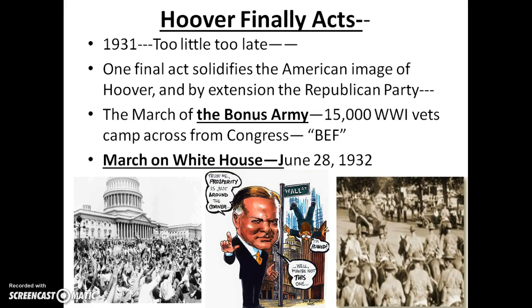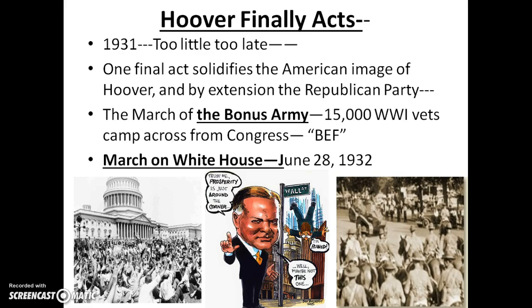He does pass some legislation and begin some programs to try and help people, but although it is sort of a precursor to the New Deal that Roosevelt will do later, the problem is that he waited so long and it was such a small attempt that it has no success.